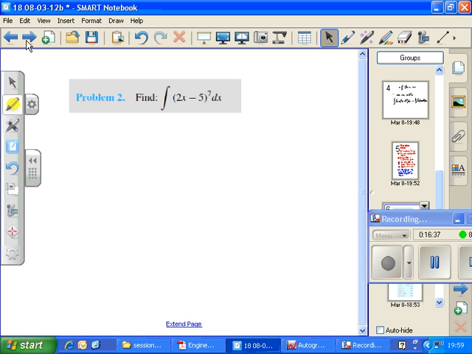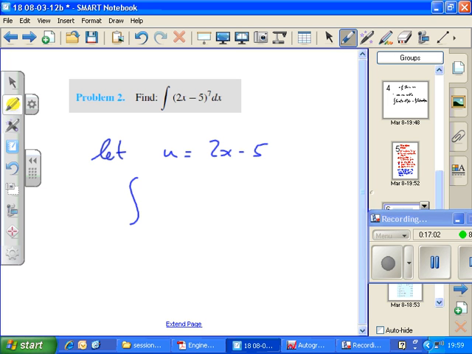What was step 1 on that sheet we've just written down? So what am I going to let u be here? Right, let u equal 2x minus 5. Step 1 done. What's step 2? Rewrite the original.